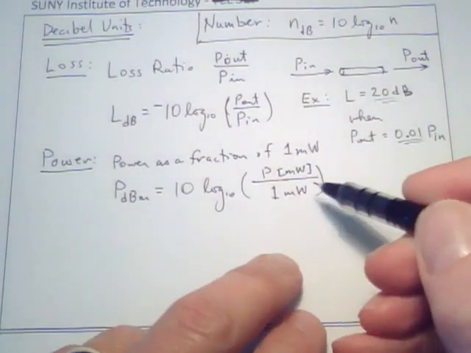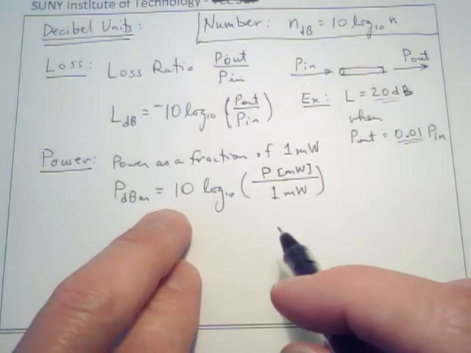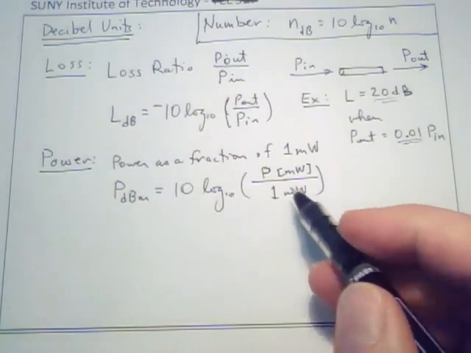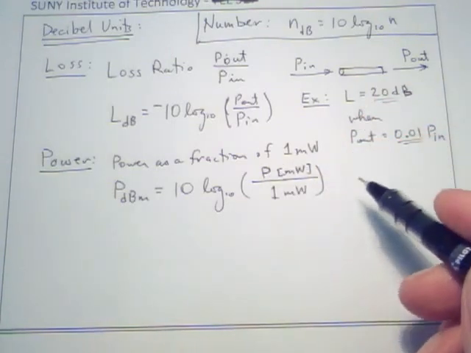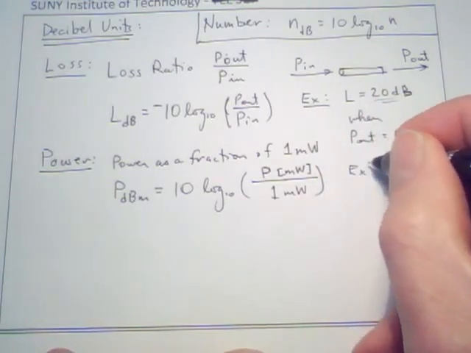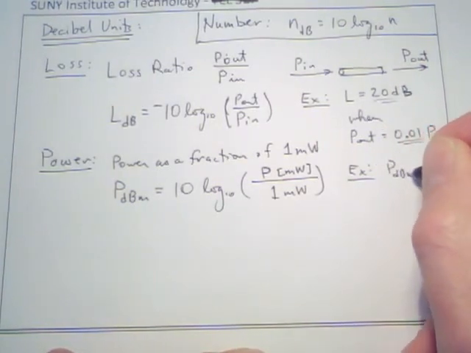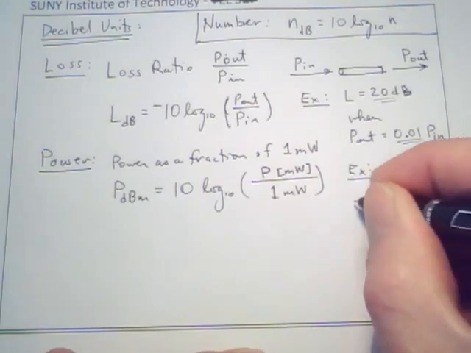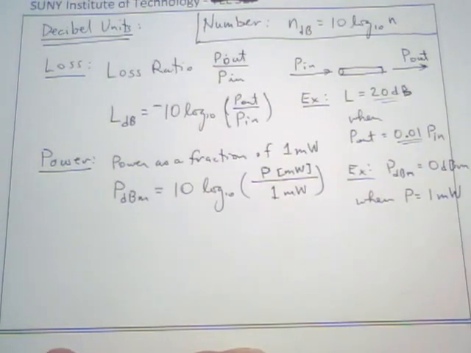If you have your power in milliwatts, all you have to do is take log 10 of it and multiply by 10, because dividing by 1 doesn't really do anything. But make sure your power is in milliwatts before you do this. For example, P in dBm is equal to 0 dBm when the power is equal to 1 milliwatt. So there's a quick example of that one.